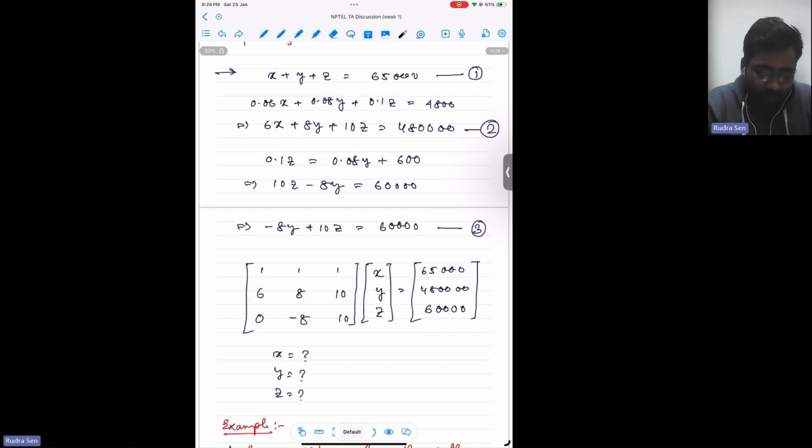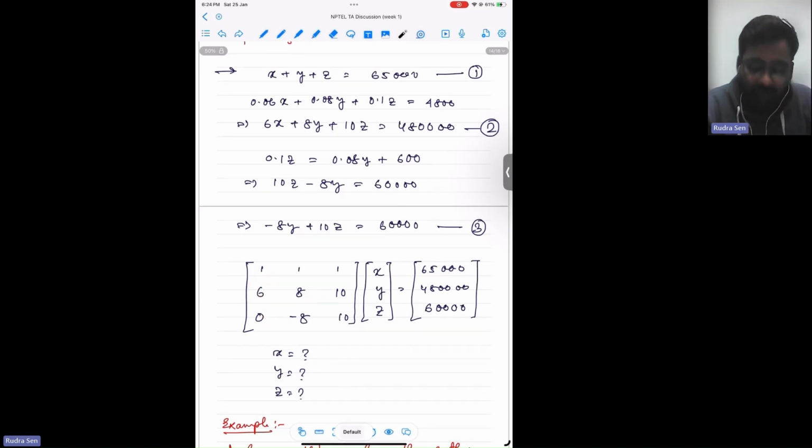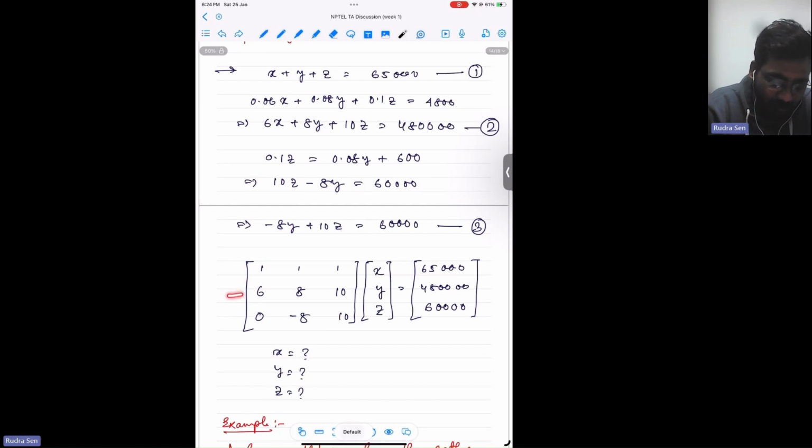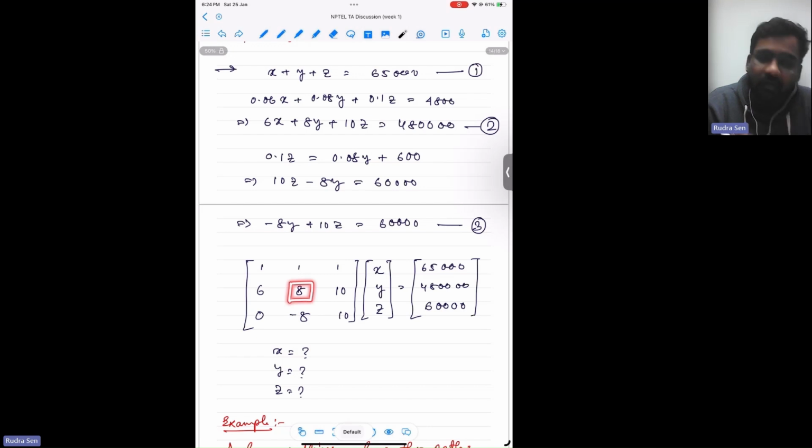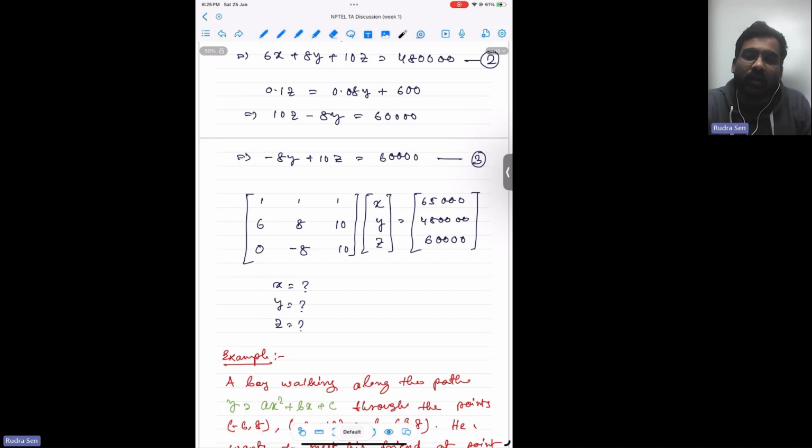So we do not need to do anything with row 3 at first. First we have to do this row 2 operation. Then after getting the pivot element for row 2, we need to do the row 3 operation, and then we will get x, y, and z. I'm not doing it. You can do it on your own as homework.